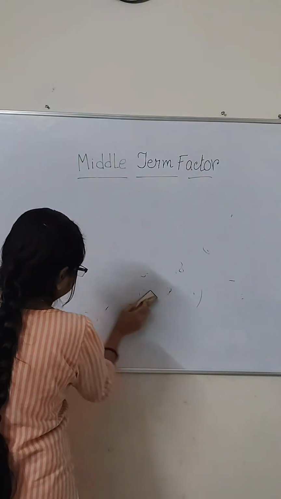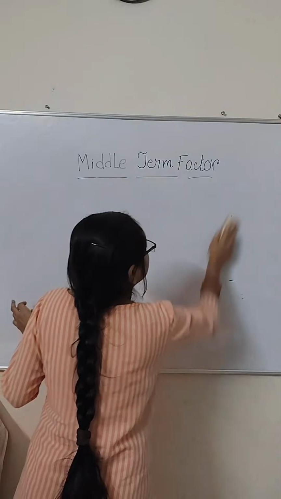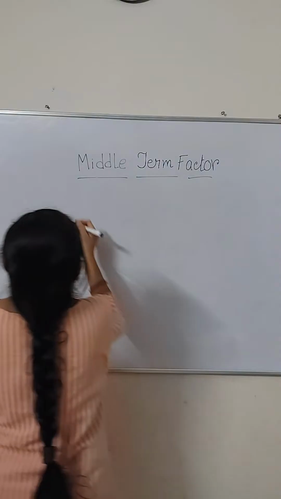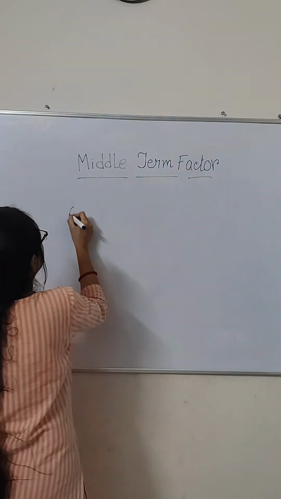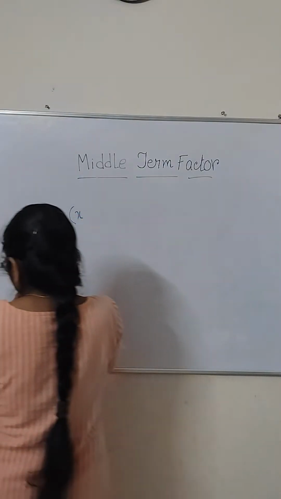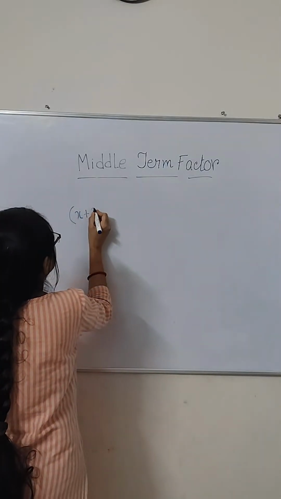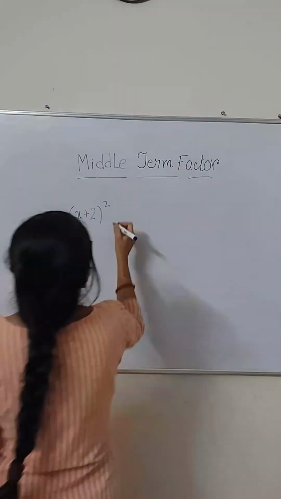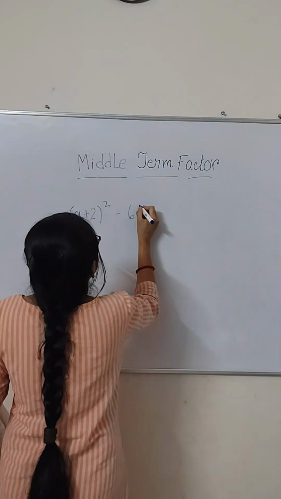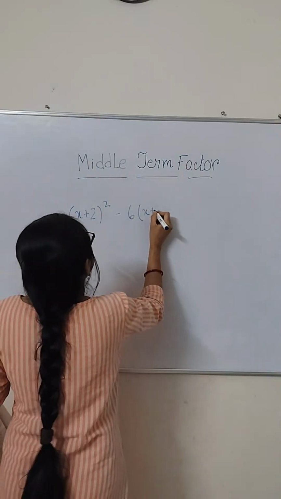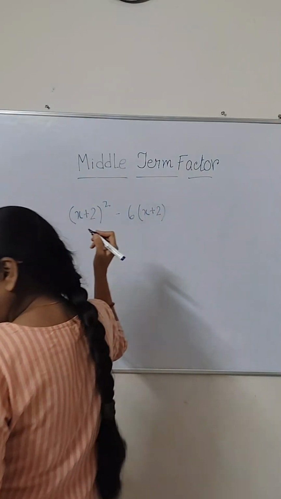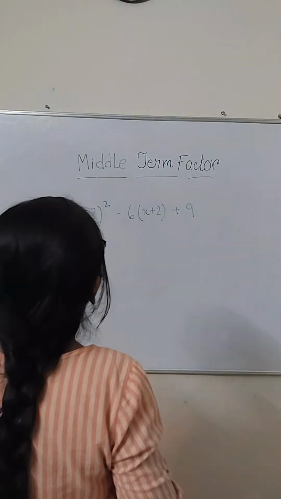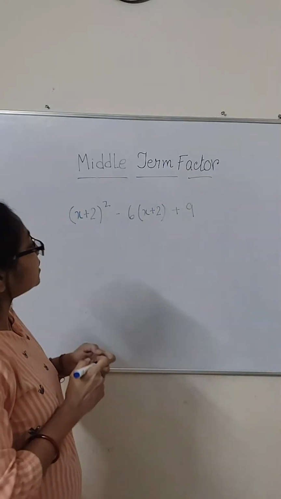What is the math? X plus 2 whole square minus 6 times x plus 2, and then plus 9. x plus 2 whole square, 6 times x plus 2, plus 9.